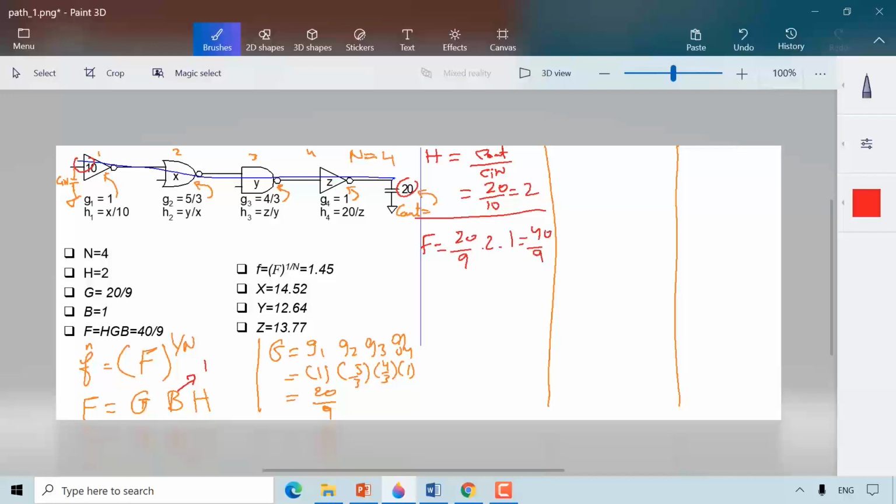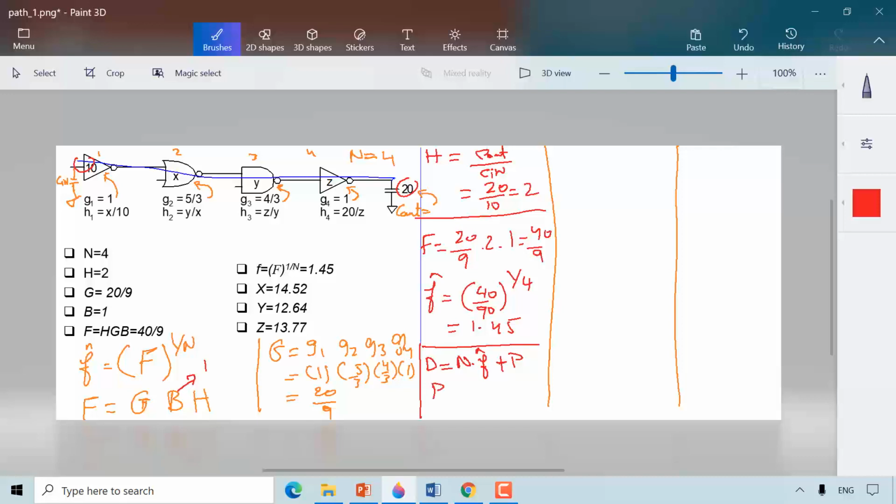So F hat equals the nth root, with n equal to 4, so the 1/4 power of 40/9, and that comes to be 1.45. What's the delay for the path? The delay for the path equals n times f hat plus p, where p is the parasitic delay for the path.